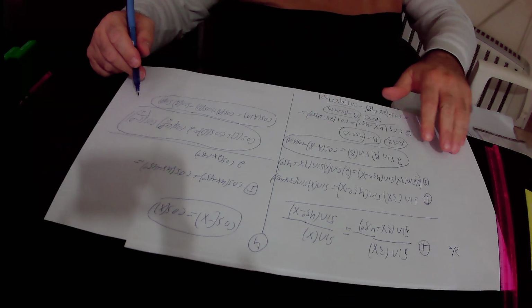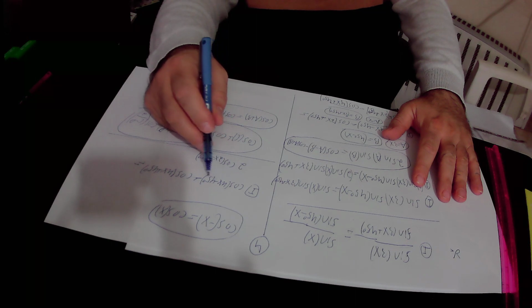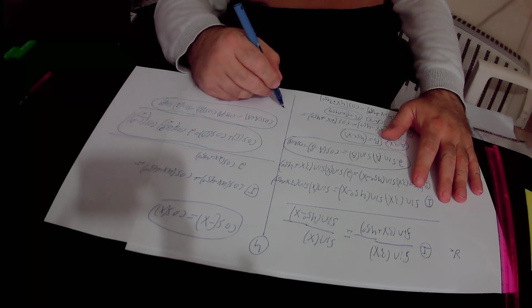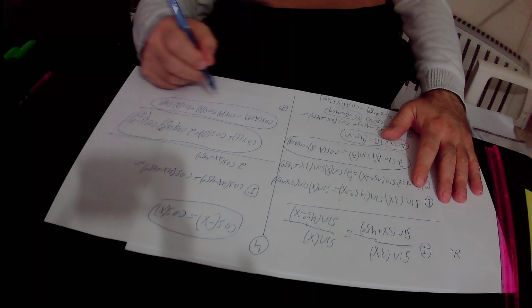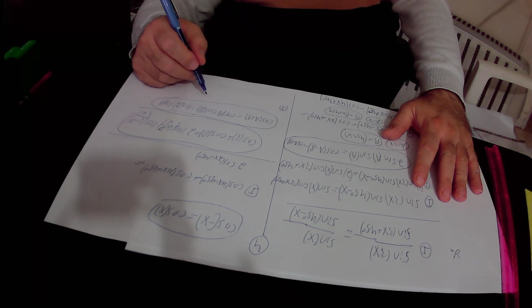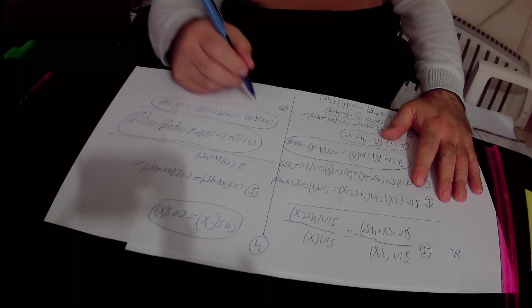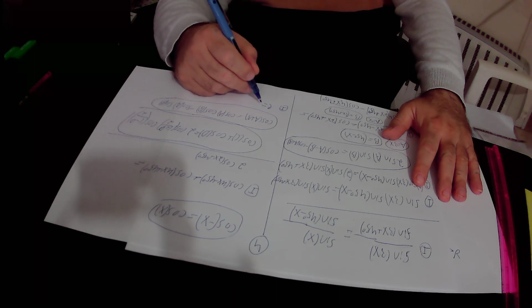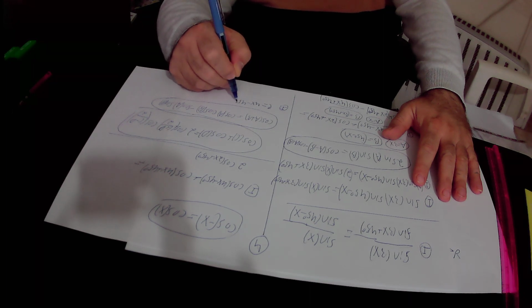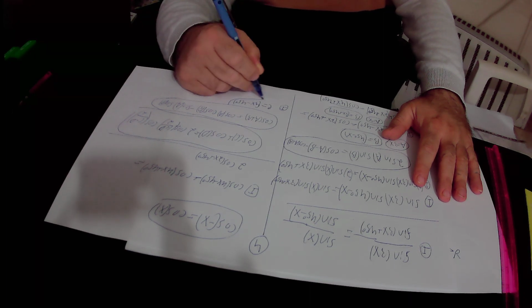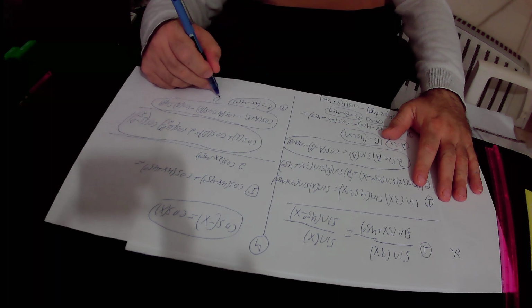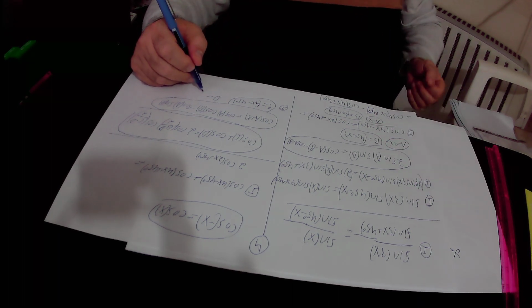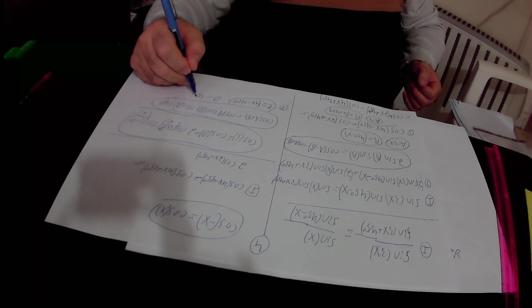So first of all, we treat this expression, cosine 4x minus 45 degrees plus cosine 4x plus 45 degrees. Here C equals 4x minus 45 degrees and D equals 4x plus 45 degrees.